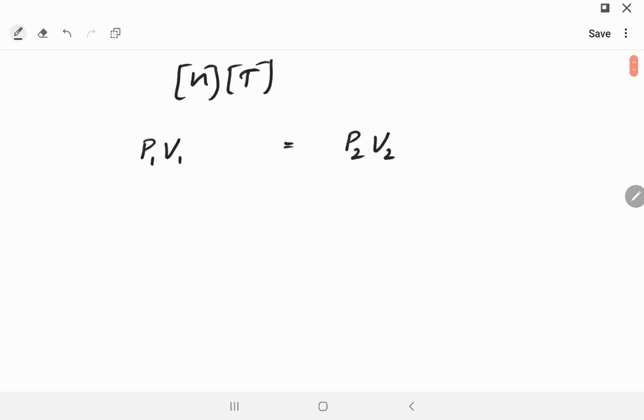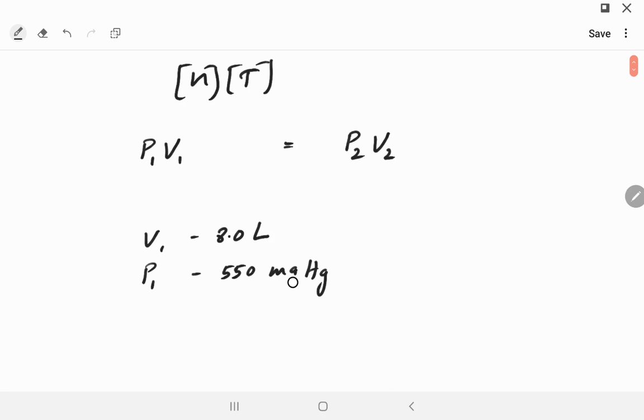So what do we know about the first situation? In the initial state, we know the volume, which is 8 liters. And then the pressure P1 is given, which is 550 millimeters of mercury.